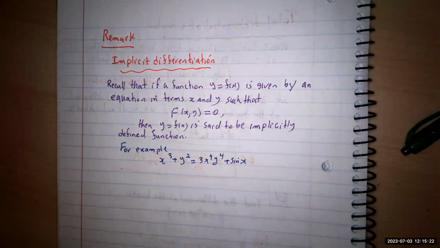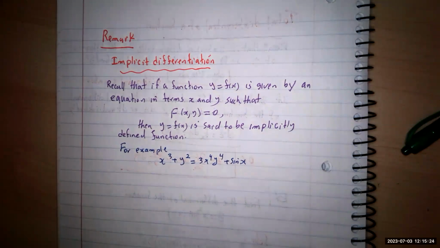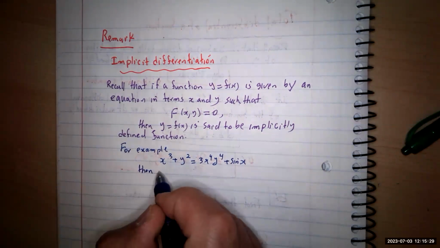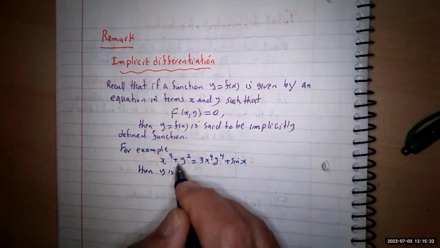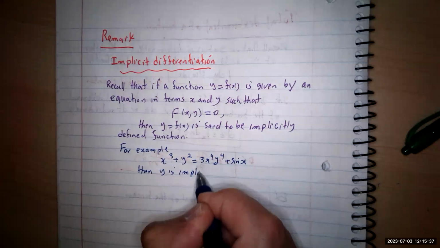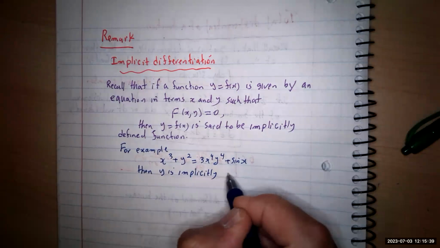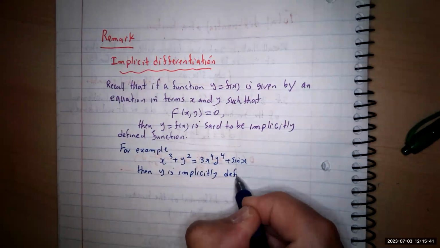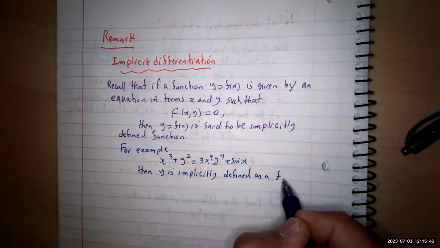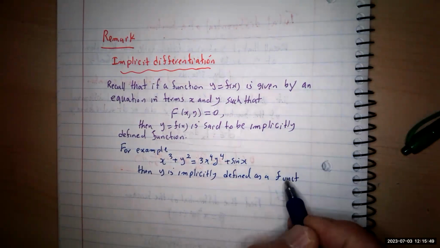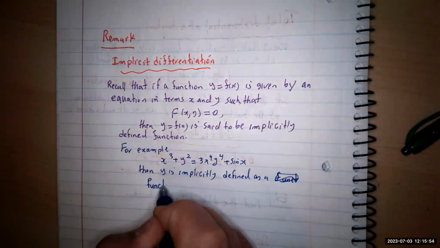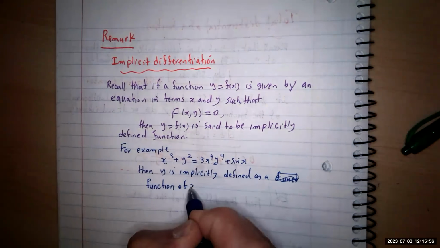So if this is given to you, then y is implicitly defined as a function of x.